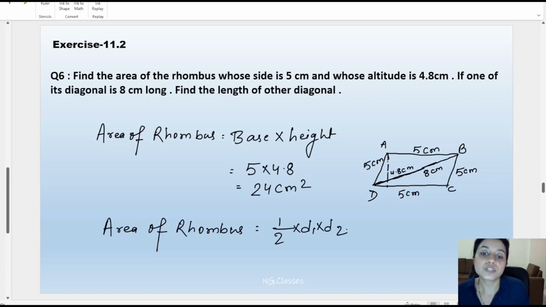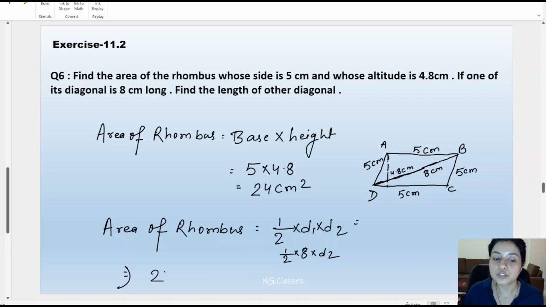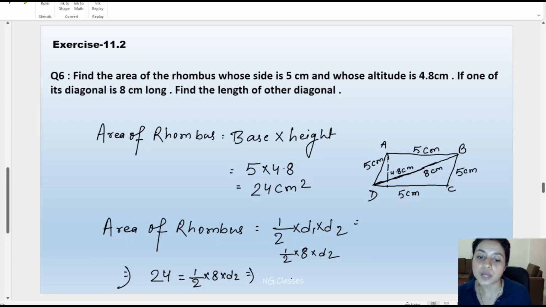Here we know one of the diagonals, so let's substitute it: 1 by 2 times 8 times d2. Now let's compare both the areas because we are talking about the same rhombus in both cases. So according to the question, 24 equals 1 by 2 times 8 times d2, and from here we will get the value of d2 as 6 centimeters.